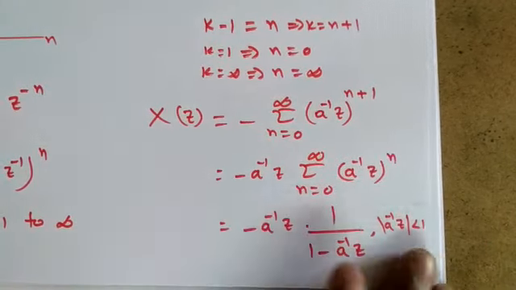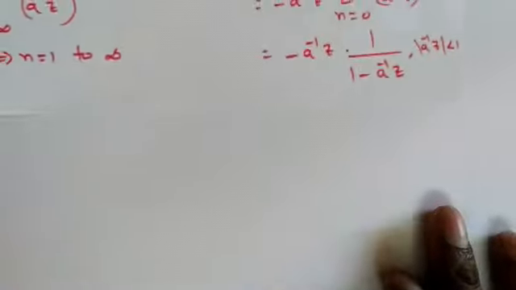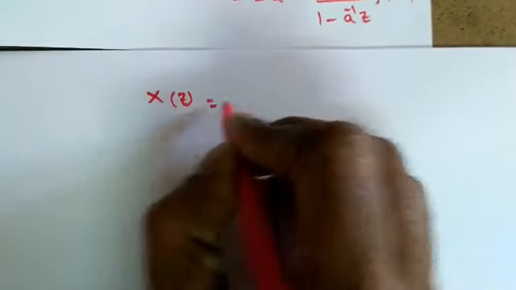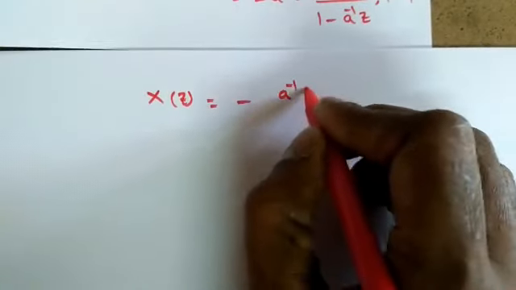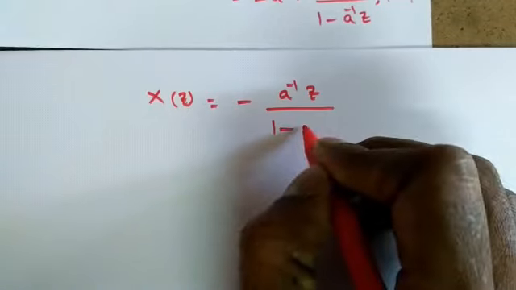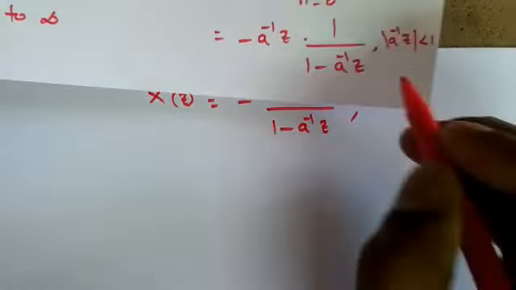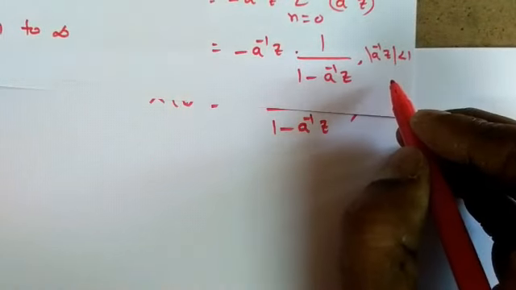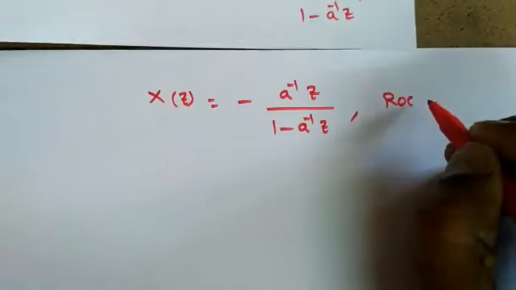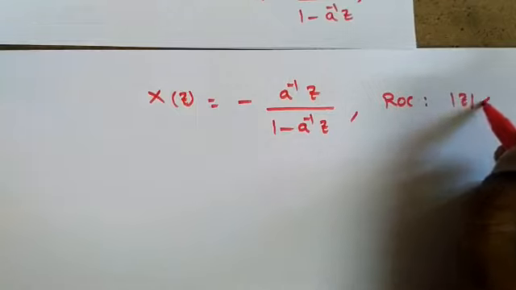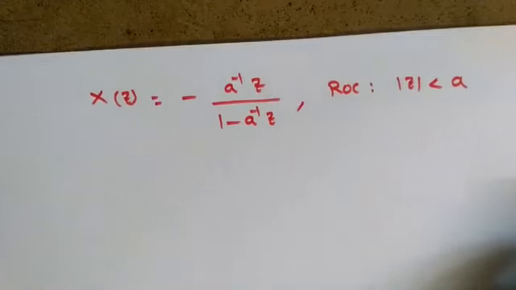So the ROC will become mod z is less than a, and the value of X of z will become minus a inverse z by 1 minus a inverse z. And what is the ROC? See here, a inverse z is there, so z by a. If a is going that side, the ROC will become mod z is less than a, right?